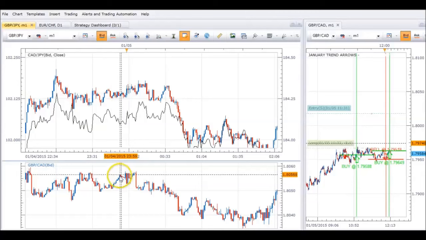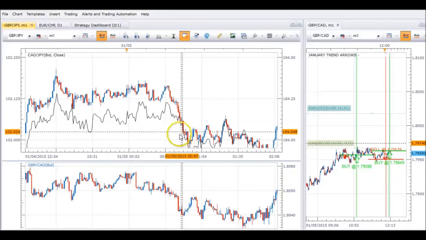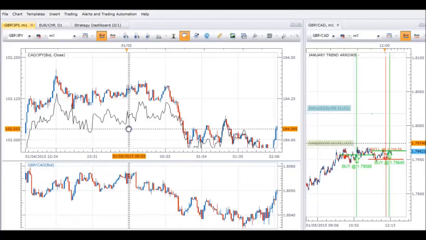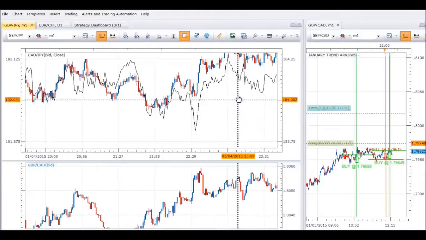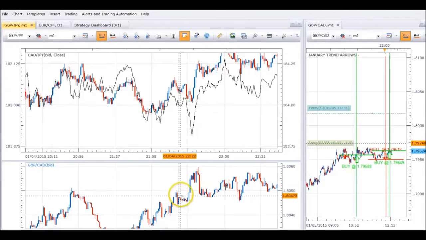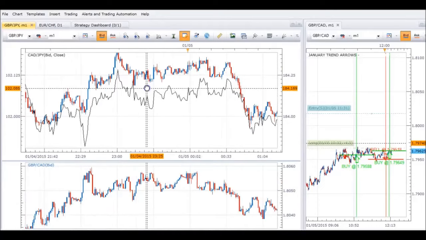So I'm shorting the pound CAD here, and it comes together right around this area. Let's say I want to go long here. When it comes back together, I will make a profit. I'm going long, and it's going up, and when they touch each other, I make a profit.